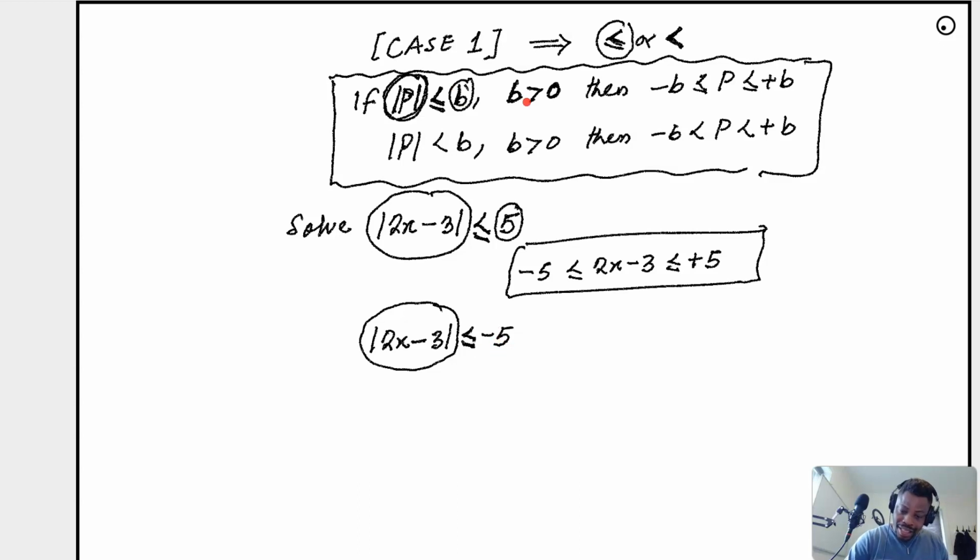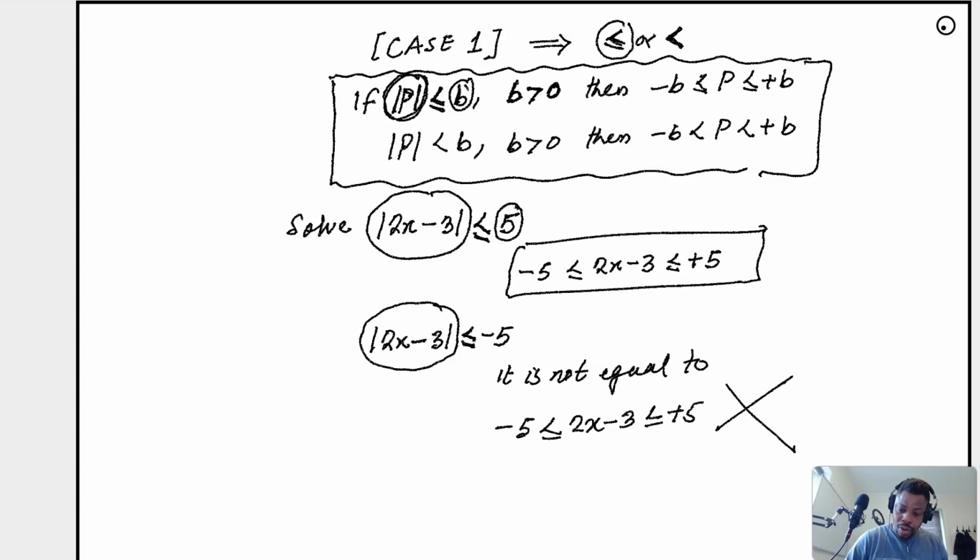But this condition says that B must be greater than 0, and here our B is less than 0. So it is not equal to minus 5 less or equals to 2x minus 3 less or equals to plus 5. This is wrong. Why? Because our B here is less than 0.